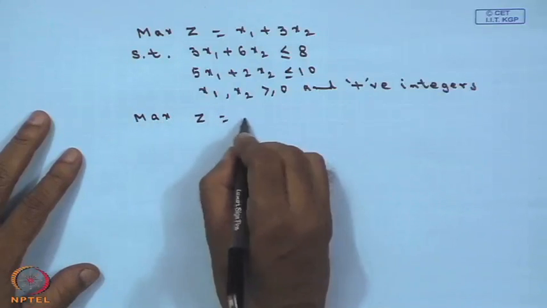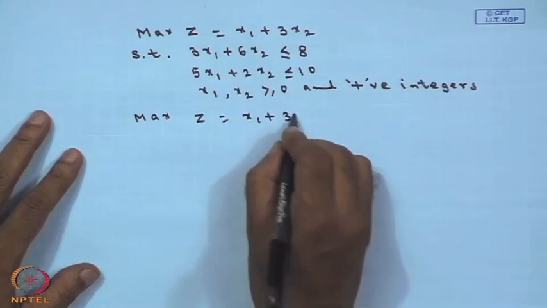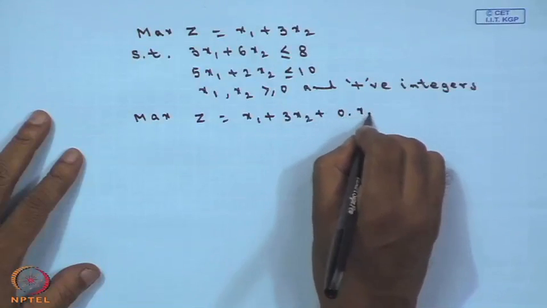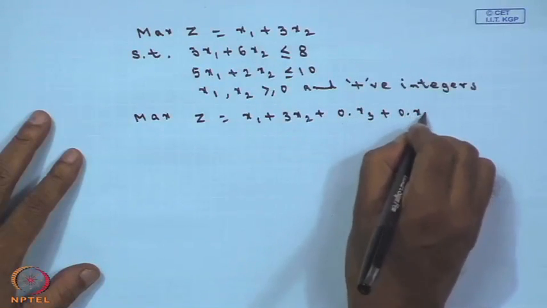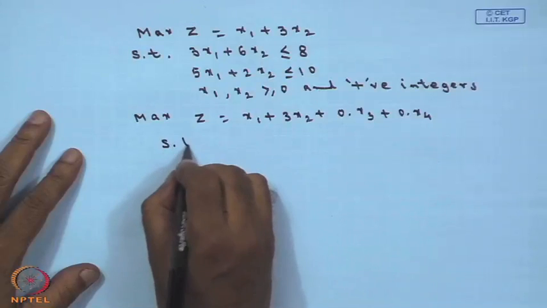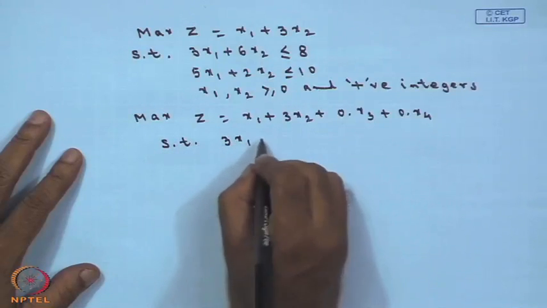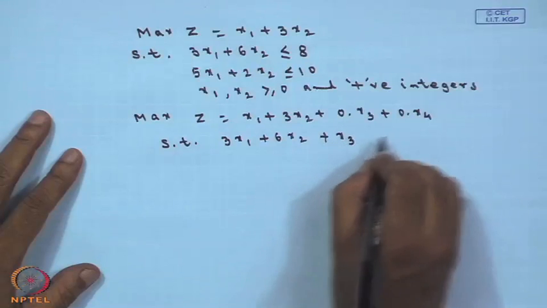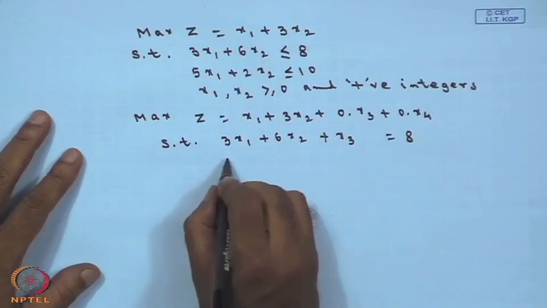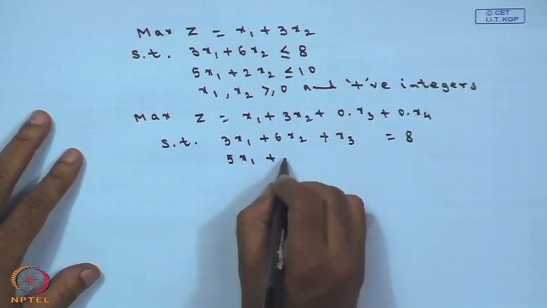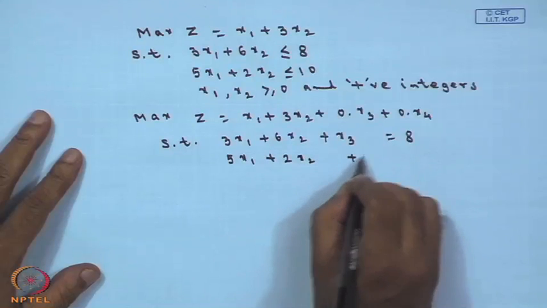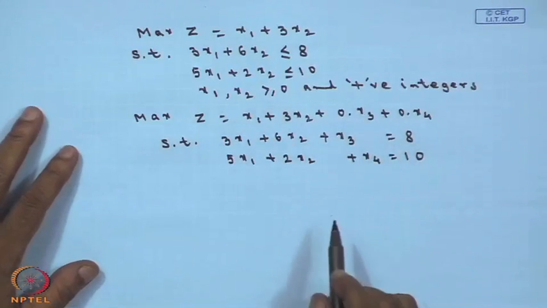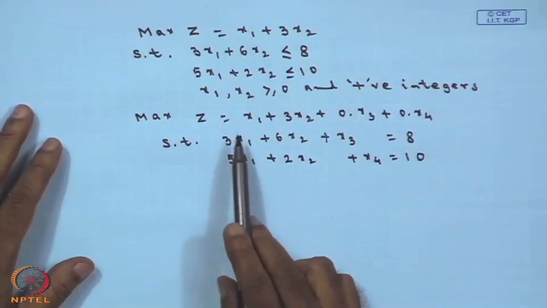Maximize z equals x1 plus 3x2 plus 0 into x3 plus 0 into x4, subject to 3x1 plus 6x2 plus x3 equals 8 and 5x1 plus 2x2 plus x4 equals 10, and the conditions on x1, x2, x3, x4 remain the same.